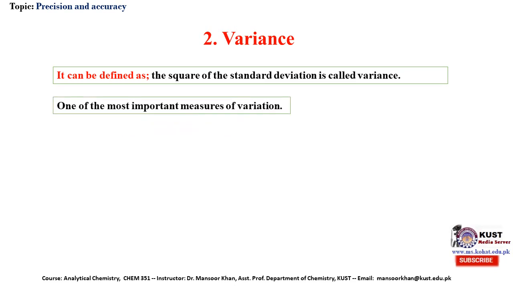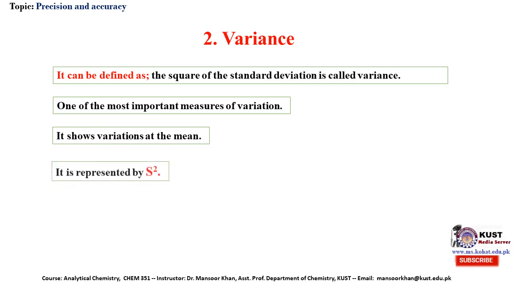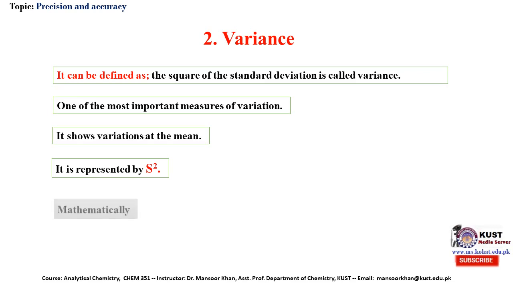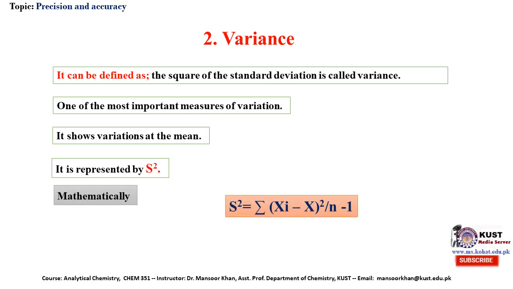It is one of the most important measures of variation. It shows variation about the mean. It is represented by S squared. Mathematically, variance is equal to sigma (xi minus x̄) whole squared divided by n minus 1.